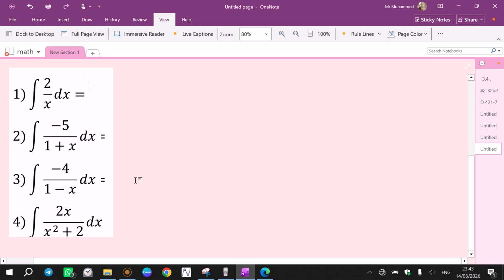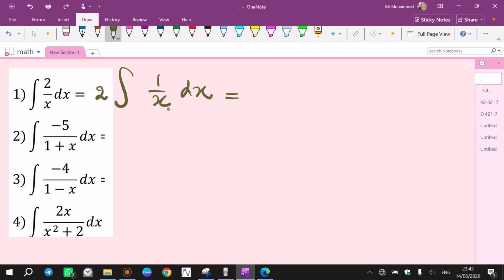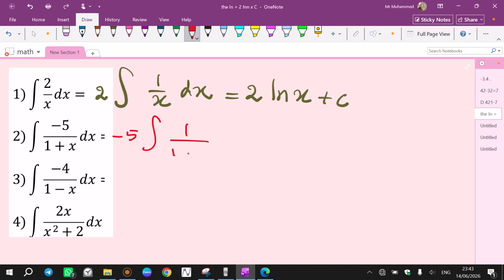Whenever you see a fraction, first think about ln. Now, I have this 2 extra, I can send the 2 outside the integral, then I have 1 over x dx. I already know integral of 1 over x is ln x, and the 2 stays. 2 ln x plus c. Now question 2. Let's send negative 5 outside. Integral 1 over 1 plus x dx.